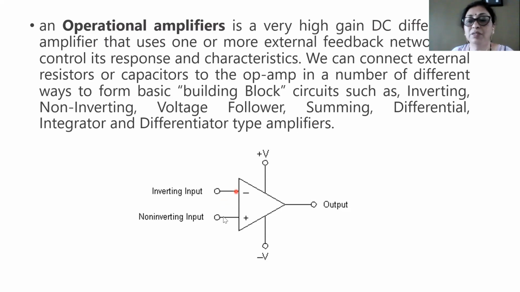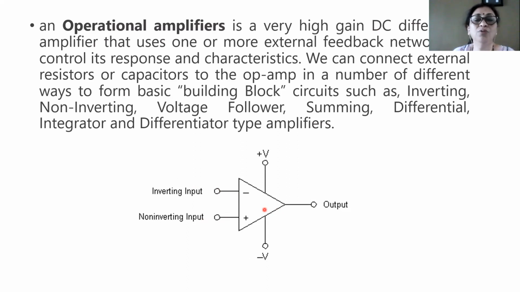Differential amplifier means it has two inputs and its output is proportional to the difference between the signals present at the two inputs of the amplifier. So basically it is used to amplify the difference between the signals, and hence it is called a differential amplifier. So our operational amplifier is the amplifier which is available in integrated circuit form, and it is a very high gain amplifier, direct coupled amplifier, and differential amplifier.